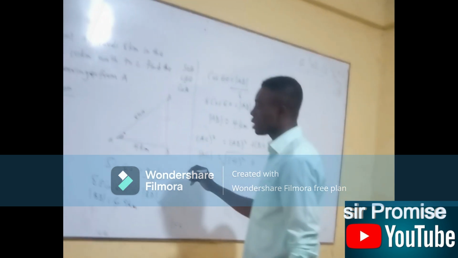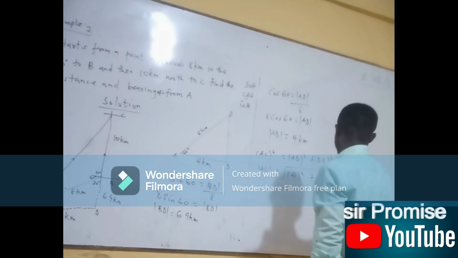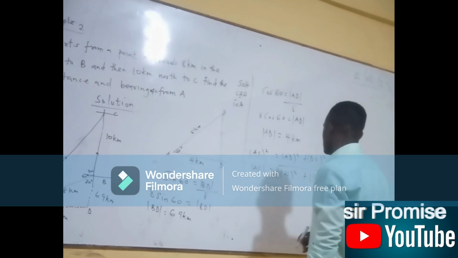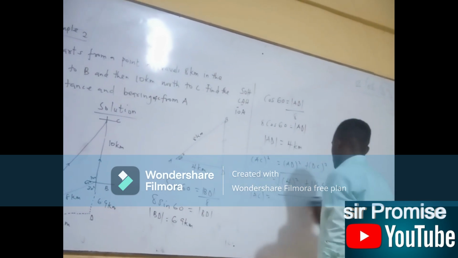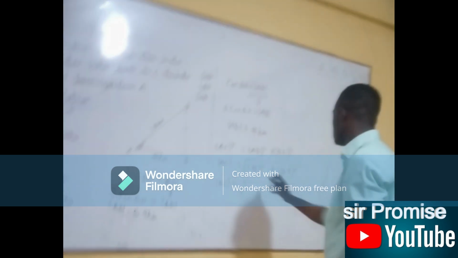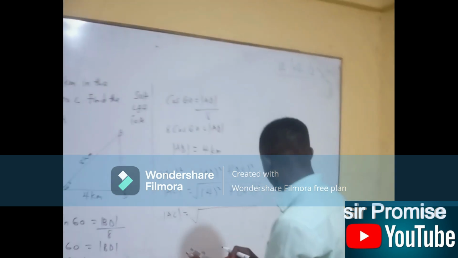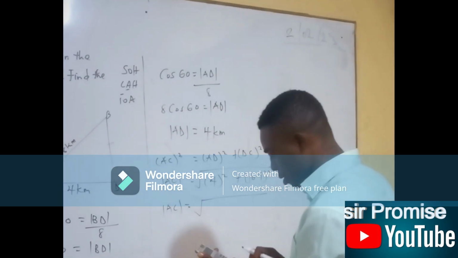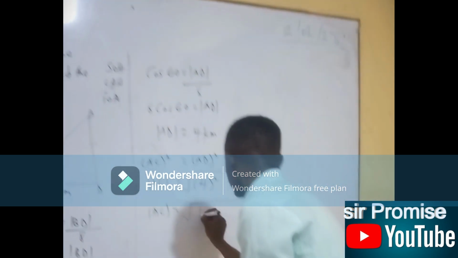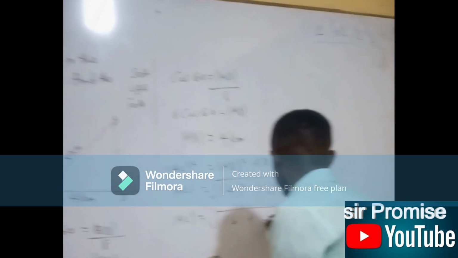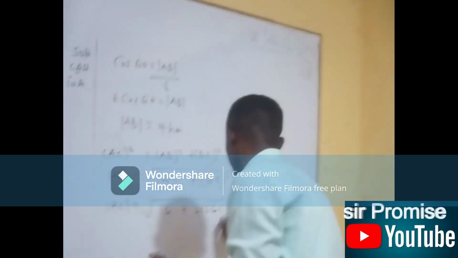And BC is equal to 16. So the 10 plus this one is going to give us 16.9 all squared. Alright, so we have the AC. This time around, this one is going to give us 16, and 16.9 squared is 285.61.